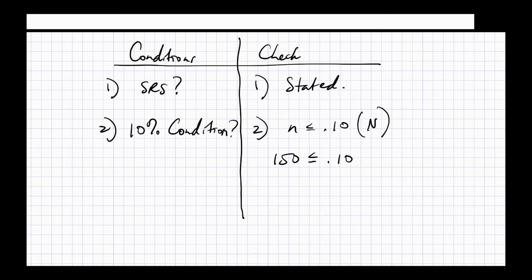Do we know the number for big N? No, we don't. So what are the words that we're going to use? Yep, total apples in the shipment, total apples in the truck, whatever you want to say. Okay, good.